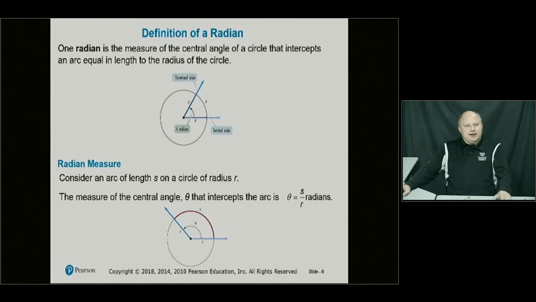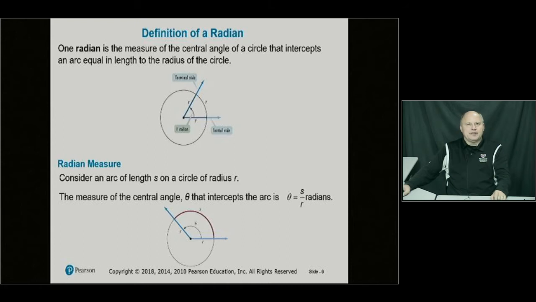Now, to be quite honest with you, 1 radian is approximately 57 degrees. We'll see that a little later as you manipulate radians. But that's what 1 radian is. You find it when the arc length and the radius have the same length.